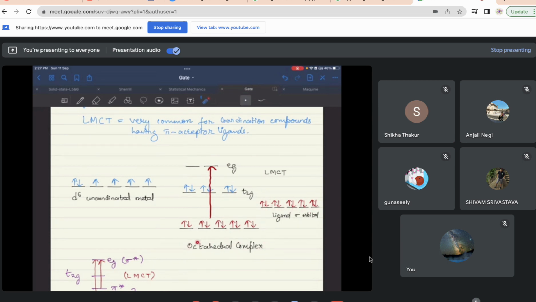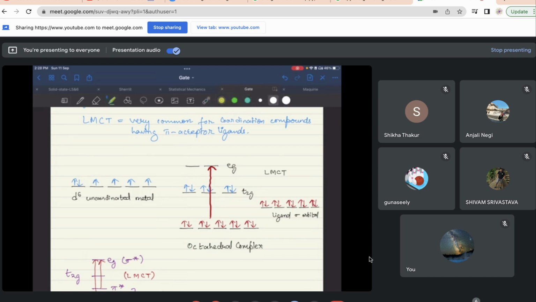In an octahedral complex, the molecular orbital diagram of the given complex will look like this, where the splitting of the degenerate d orbitals takes place in the octahedral field, splitting into t2g and eg orbitals respectively. Then the LMCT charge transfer will take place from the sigma orbital here to the empty one. This is the sigma antibonding orbital.